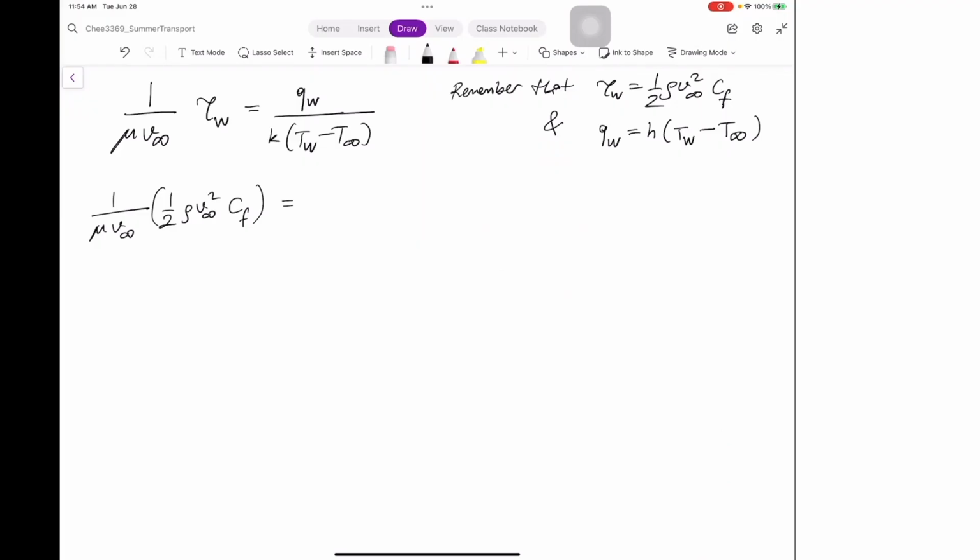So the right-hand side is going to give you H times T wall minus T infinity divided by K times T wall minus T infinity.